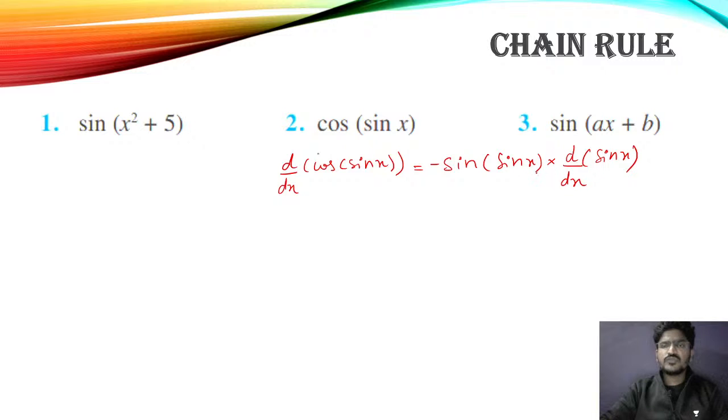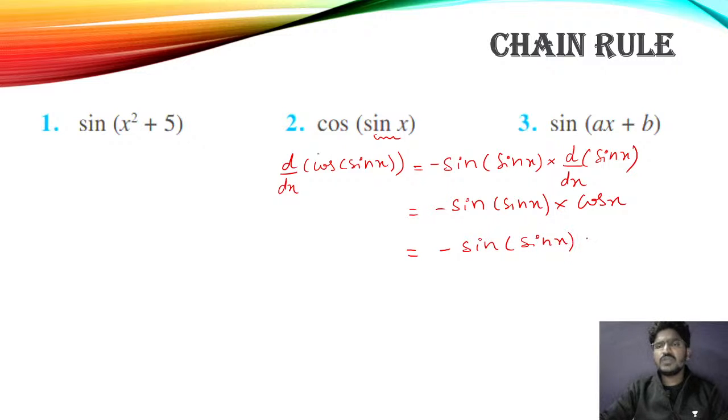Next I am going to differentiate this particular sin x, that is d by dx of sin x. So from this I can write minus sin of sin x multiplied with differentiation of sin x, which is cos x. So that is nothing but minus sin of sin x multiplied with cos x. Okay, so this is going to be the answer for your second problem. Clear?